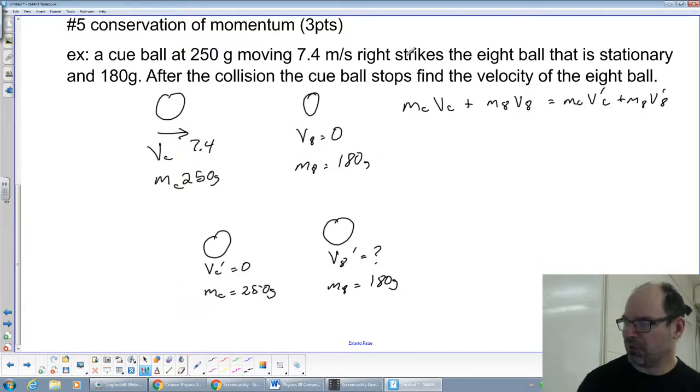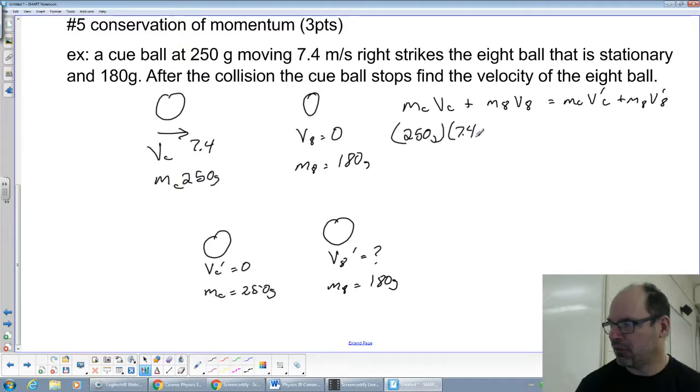If I plug in our numbers, with right being positive and left being negative: 250 grams times 7.4 meters per second, plus 0, equals, of course the cue ball is going to be 0, and then the 8 ball is going to be 180 grams times V8 prime.